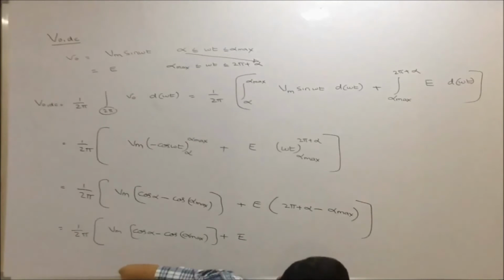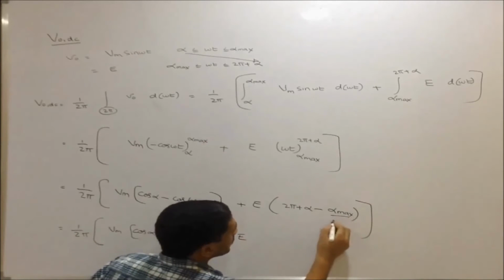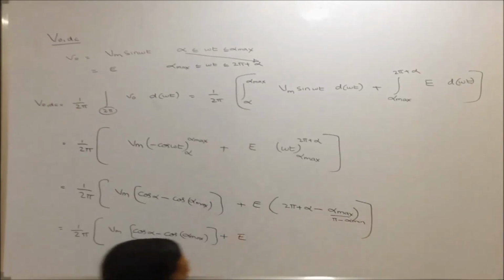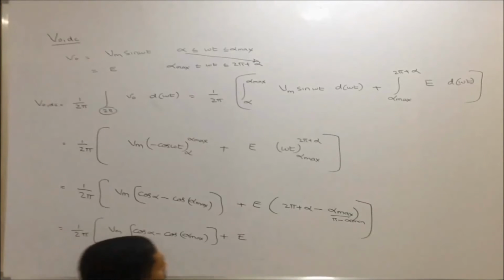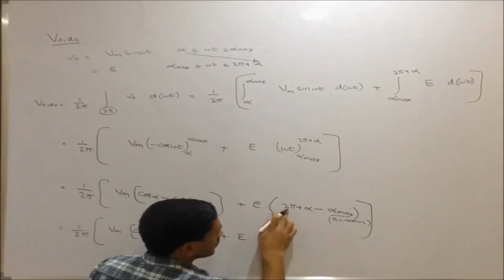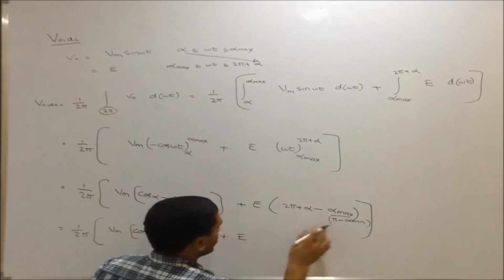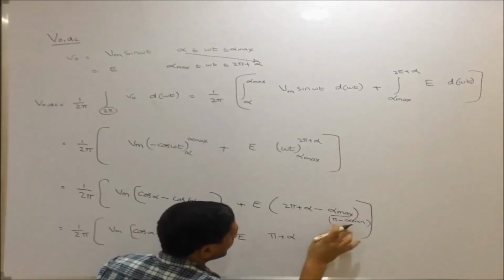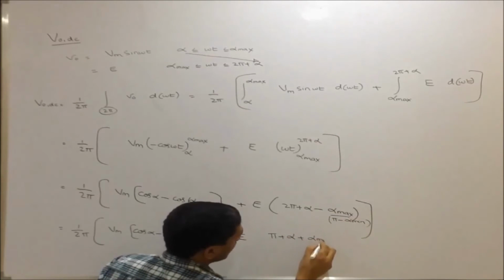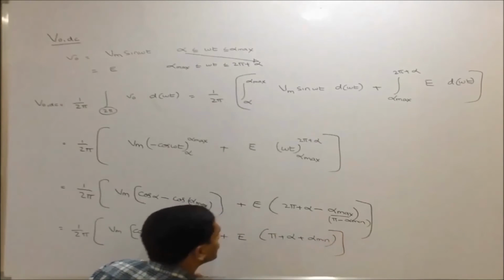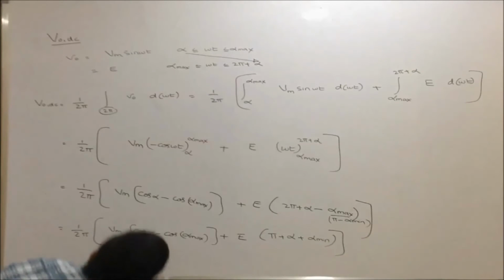Alpha max is pi minus alpha min. So this pi and pi, this 2 pi and here pi. What I get? Pi plus alpha, and this minus or minus, so I get plus alpha min. So this is the expression for V naught DC.